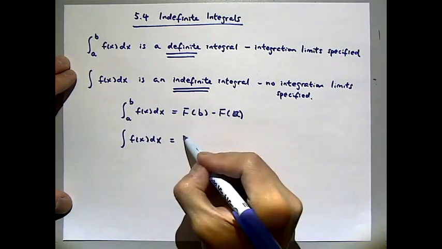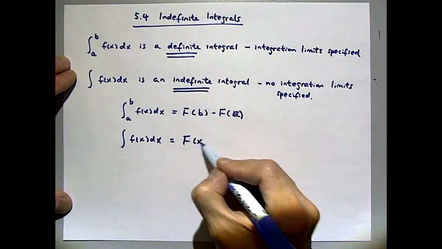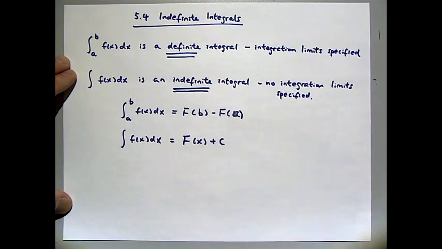What you end up getting is simply the function capital F plus the usual constant of integration, c. So you want to think of the indefinite integral as just a shorthand notation for finding the antiderivative of a certain function.